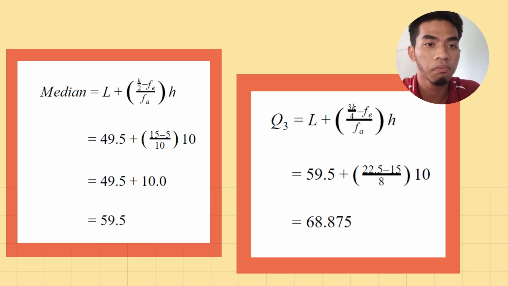So, the calculation formula for median is median equal to L plus bracket 1 divide 2K subtract FE divide FA bracket multiply H. And lastly, the calculation formula for Q3, the upper quartile, is Q3 equal to L plus bracket 3 divide 4K subtract FE divide FA bracket multiply H, and we will be able to see the answer as follows.